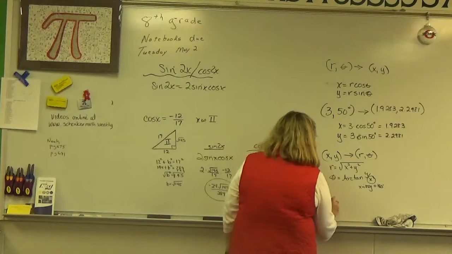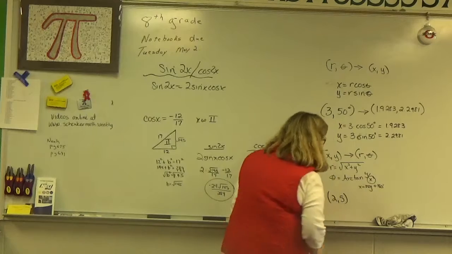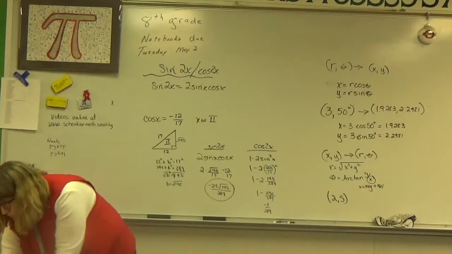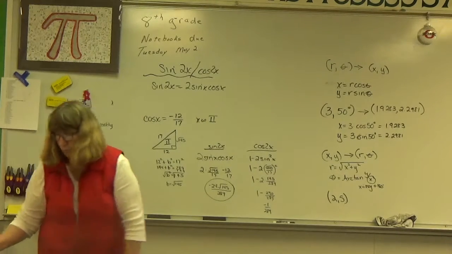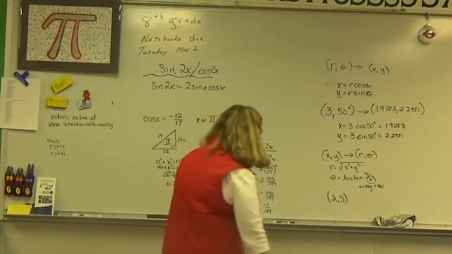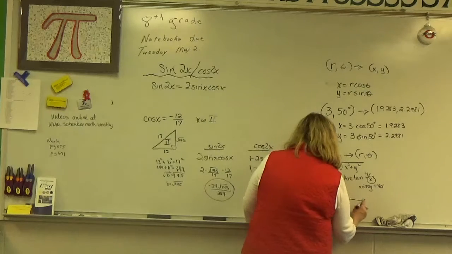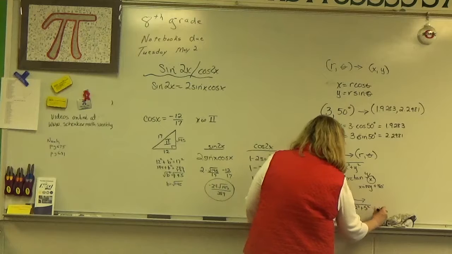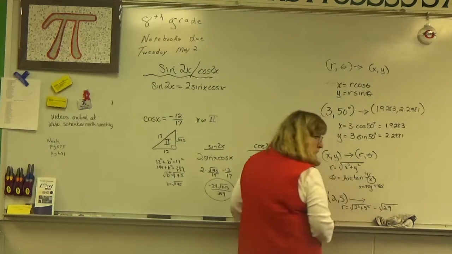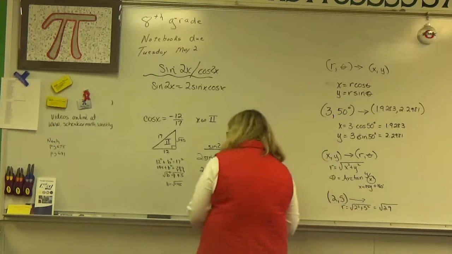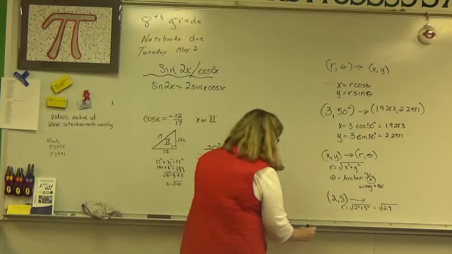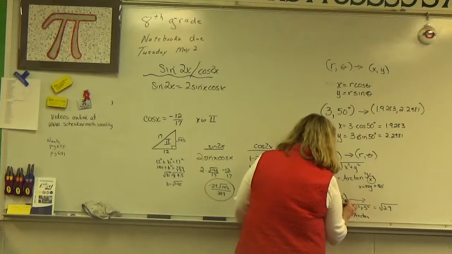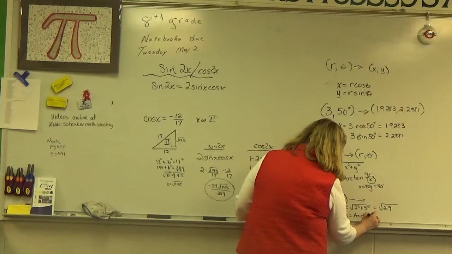So let's do a point that's 2, 5. Okay, so r is going to equal the square root of 2 squared plus 5 squared. So that's square root of 29. Theta, you guys need your calculators for this. It's the arc tangent of y divided by x.